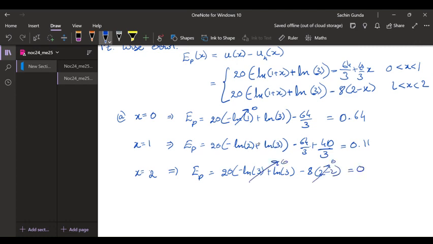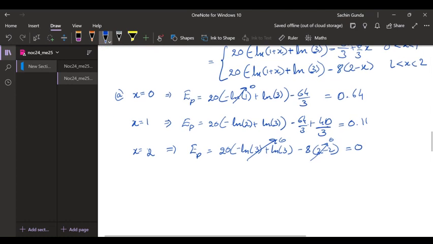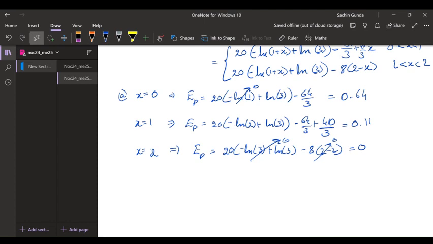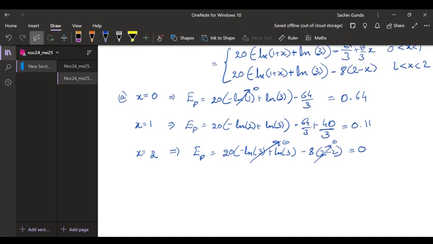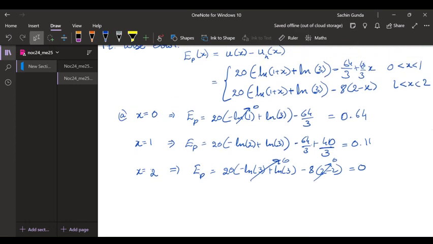The error is 0. Just notice that at x is equals to 2, it's the fixed boundary condition, and we have applied that boundary condition. Wherever we apply the Dirichlet boundary condition, that is the displacement boundary condition, we get the exact solution at those points. That's why the error is 0 at x is equals to 2.